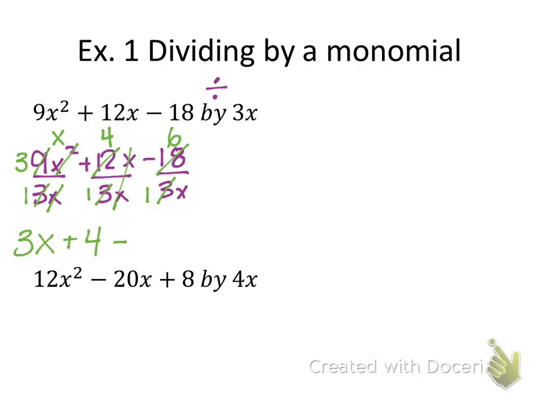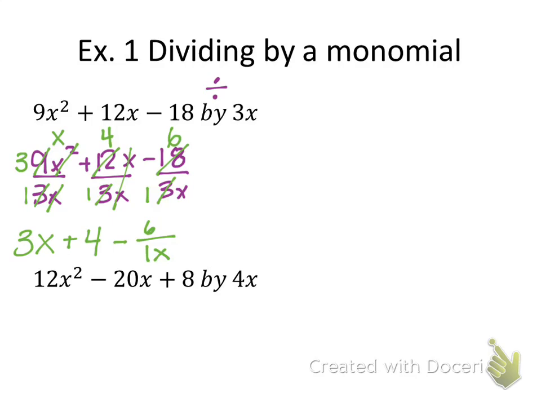Now, is there anything I can do to cancel the x's out? Anything at all? No, there is no x to cancel out. So I have to write this problem as 6 over 1x. I cannot write that x beside 6 because that's not where it is. The x is on the bottom and it has to stay on the bottom of the fraction.